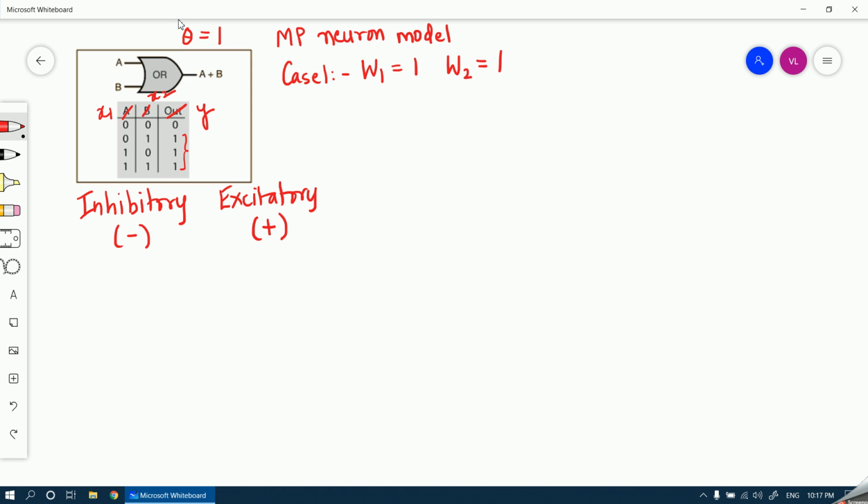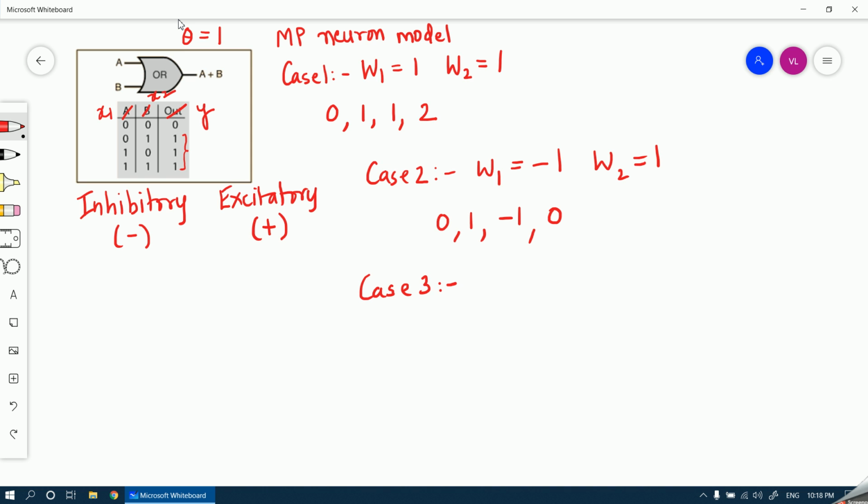When both weights are excitatory, we get the result 0, 1, 1 and 2. In case 2, where one of the weights is inhibitory and the other is excitatory, the output that we obtain is 0, 1, -1 and 0.